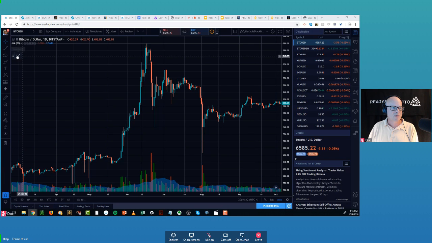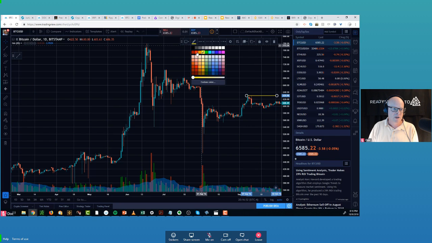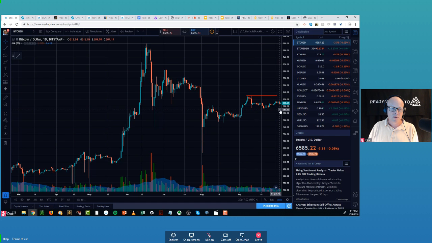What I'm going to be doing here is let's go ahead and use these trend lines, and I'm going to have a red one that represents the upper trend line, or I should say the prior swing high, and the lower one here is going to be the prior swing low.